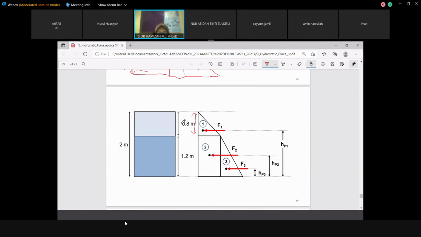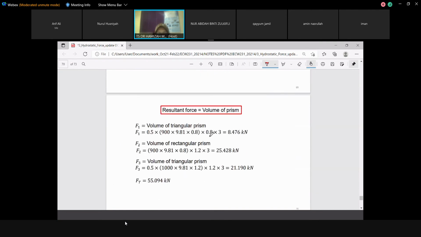Rho GH ni adalah pressure of fluid. Jarak dengan tinggi 0.8, 3 ni apa? Weight. Pandai. So this is volume, this is area, and you times 3 to get the volume. Okay, good, thank you. Okay, same goes to F2, F3, and then F total.